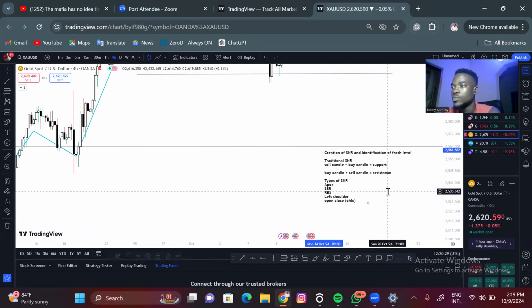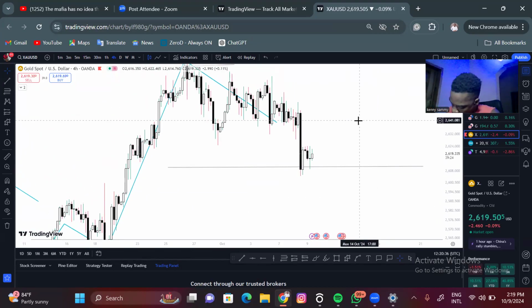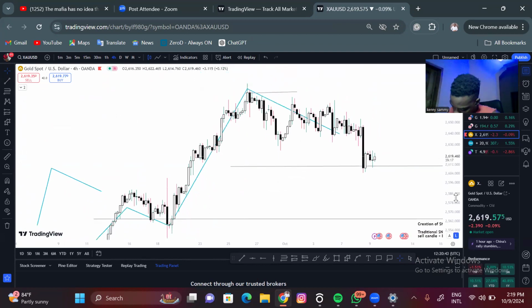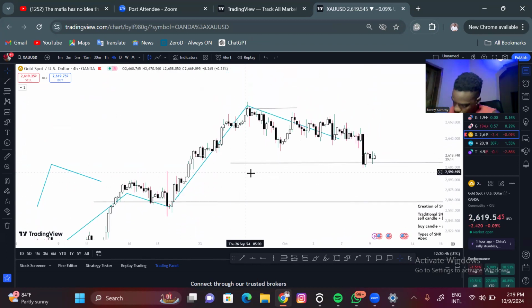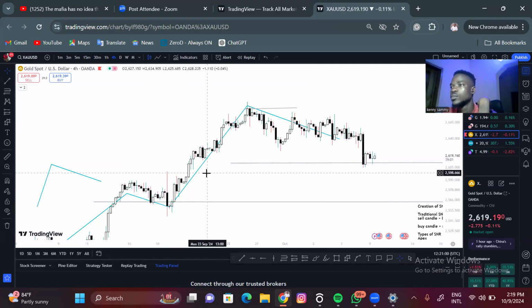So now let me go to the left shoulder. Left shoulder is actually very nice and sweet in the sense that you get it in most situations. It's mostly respected when you have a good condition. It's not just anywhere you see a left shoulder that you expect it to be respected, but when your analysis is correct, you would actually enjoy it.